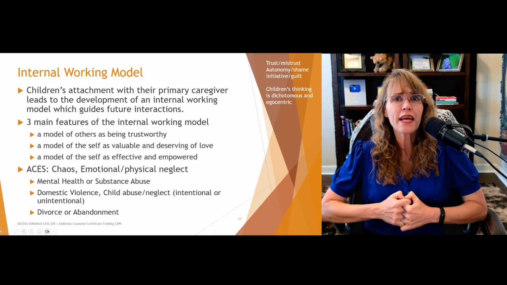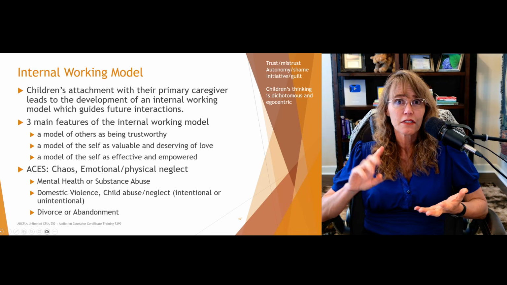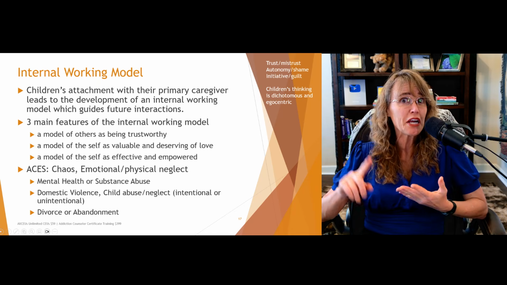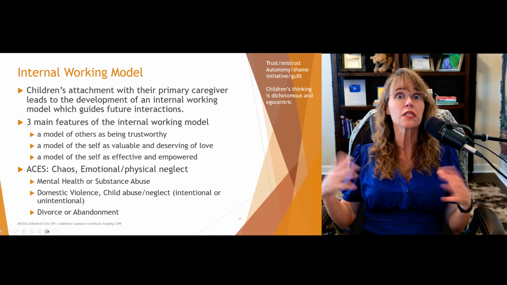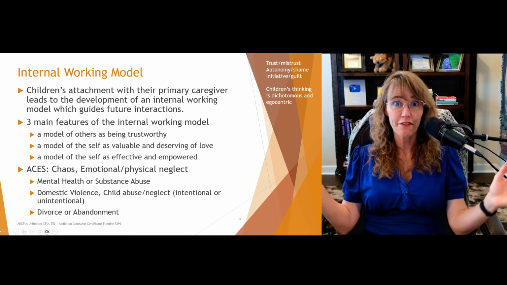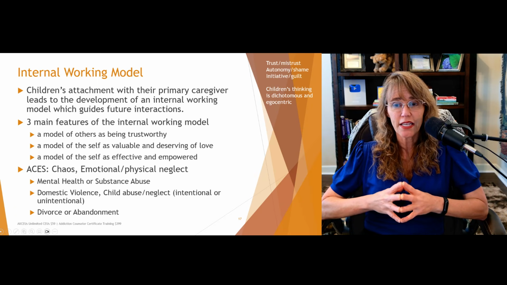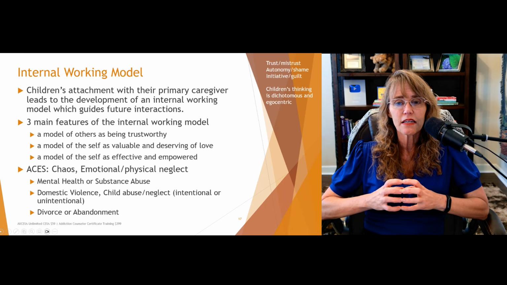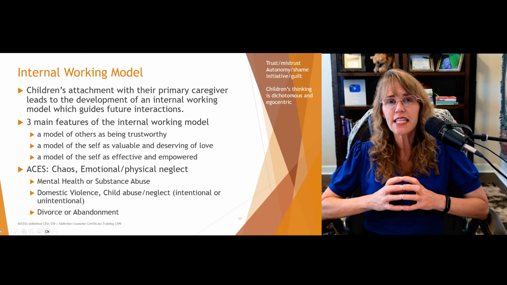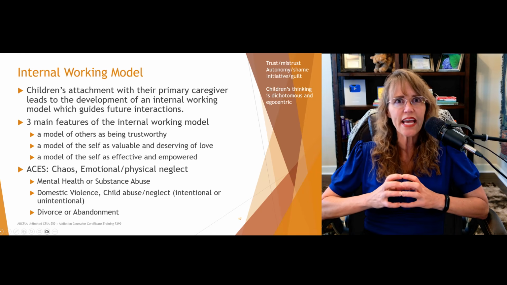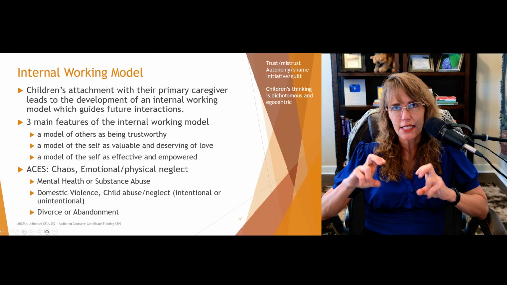And divorce or abandonment, whether the caregiver dies, goes away for long periods, goes to jail, whatever. The caregiver leaves. All of a sudden, poof, caregiver gone. That can feel very chaotic to the child. And that's not to say that every family that goes through a divorce is going to create an adverse childhood experience.